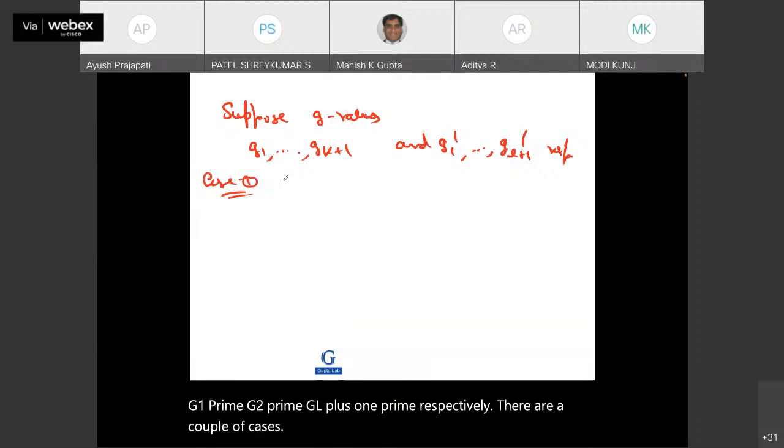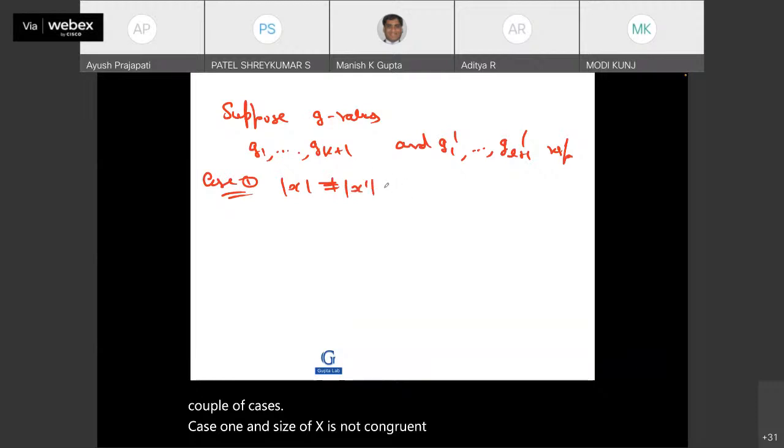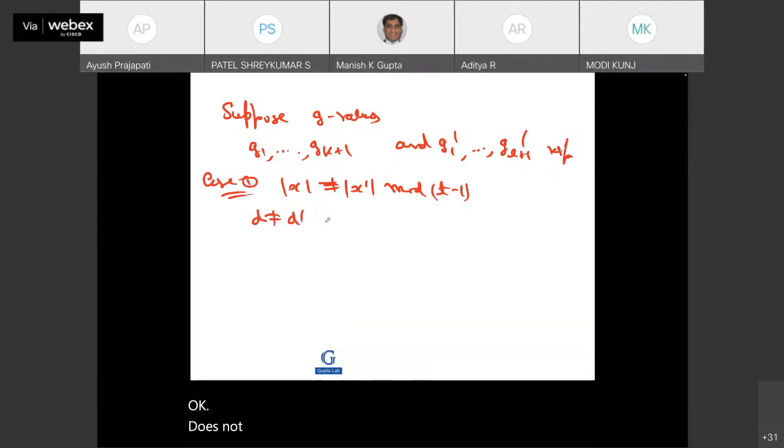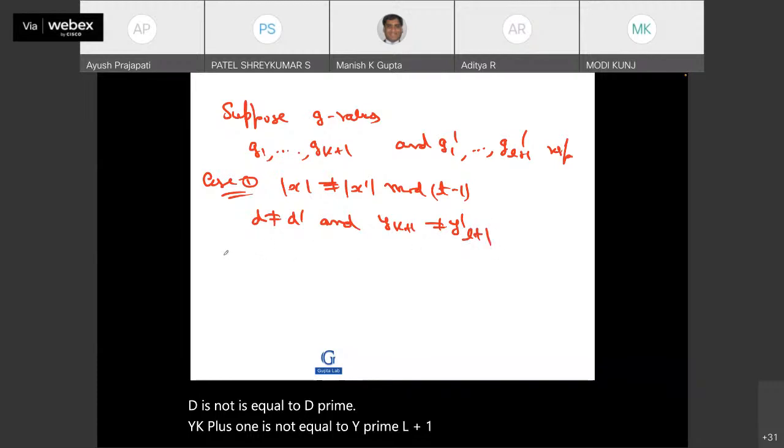Case 1, when the size of x is not congruent to the size of x prime mod t minus 1. Here d is not equal to d prime and y(k+1) is not equal to y prime (l+1). Then we have the compress function.